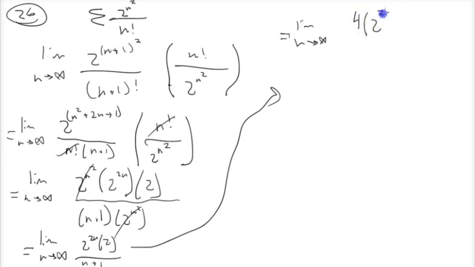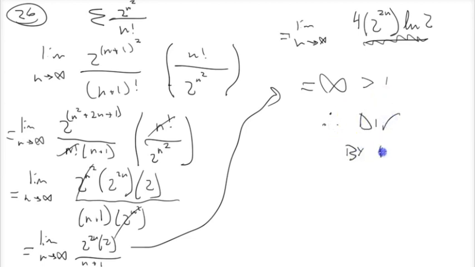We leave the 2 to the 2n, and we take the natural log of 2, and then the derivative of the denominator, sorry, is just going to end up being 1. So we don't need the fraction bar. So we're just going to get this. And then when we plug in infinity, we're going to get an infinity. And so, obviously, that's greater than 1. So this series is divergent by the ratio test.